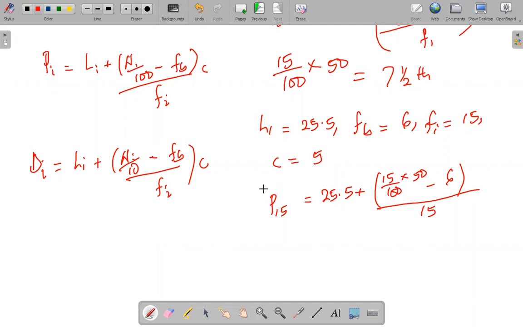Let's reduce this fraction. 0 cancels 0. 15 times 5 is 75. And 75 divided by 10. Oh, I forgot to multiply by 5 here.